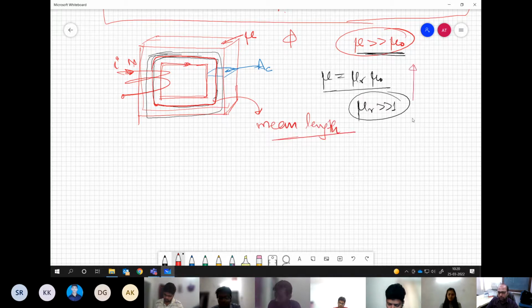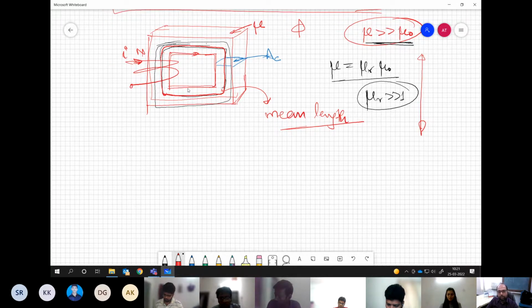With these three assumptions, if we solve these equations for this particular system, we can get information about the flux and other properties. For example, take this mean length, drawn in the thick line, say this length is LC.